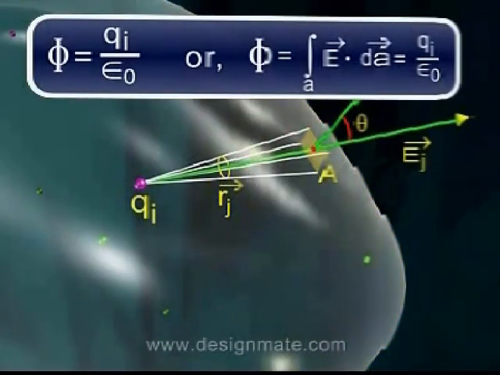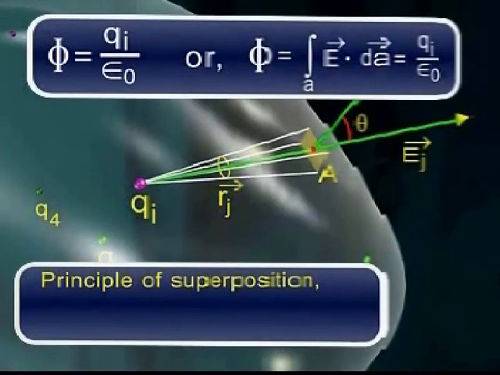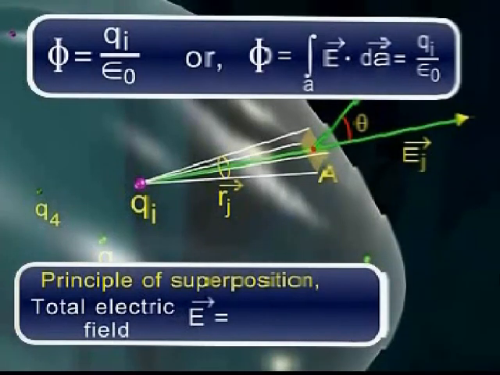If many electric charges such as Q1, Q2 and so on are enclosed by some surface, according to the principle of superposition, we get the field vector E equal to vector E1 plus vector E2 and so on. Here, vector E1, vector E2 and so on are the fields due to electric charges Q1, Q2 and so on respectively.